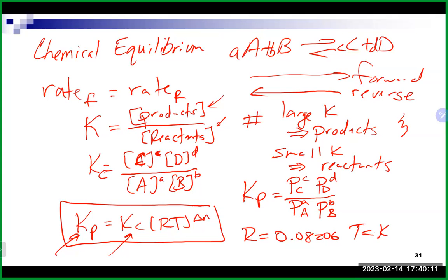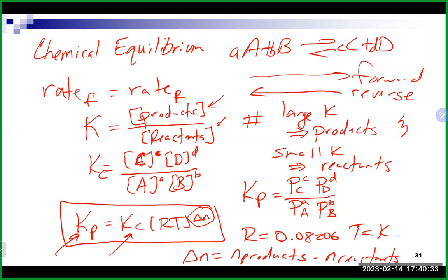And as we also talked about, really important when you do that is the Δn part of it. You just don't want to take the difference. You do want to do products minus reactants, as it may give you a negative number, which is important mathematically speaking for how you would actually solve it.